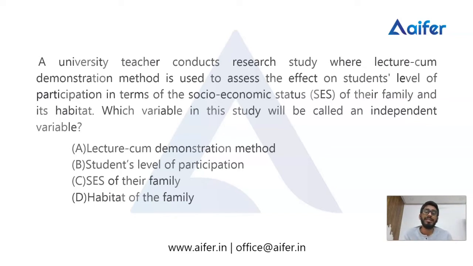A university teacher is evaluating how the lecture cum demonstration method affects students' level of participation. This is the core of this study. So the independent variable would be the lecture cum demonstration method, because the teacher manipulates it and evaluates students' level of participation, which would be the dependent variable.